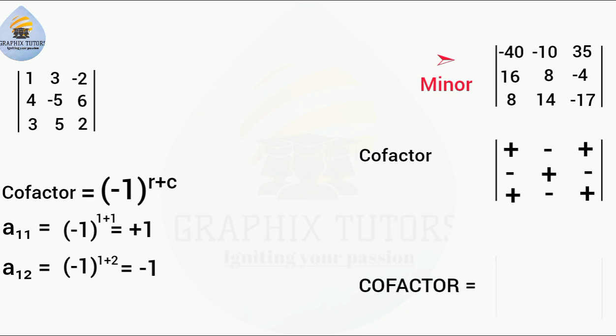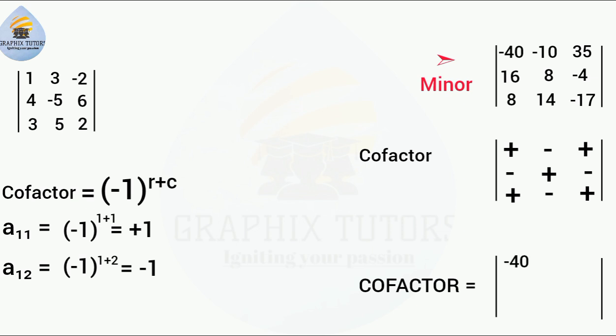So if I multiply -40 by plus, it will always give you -40.